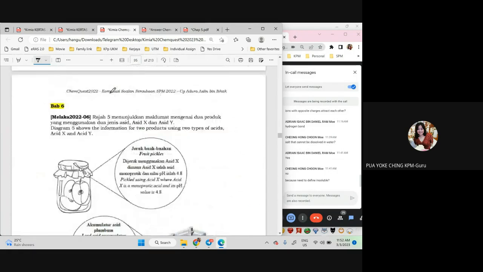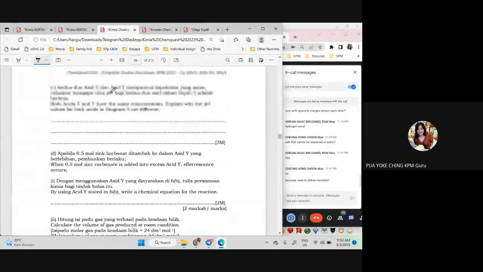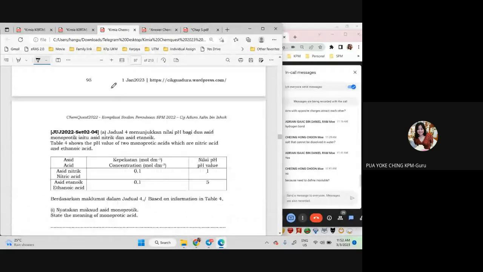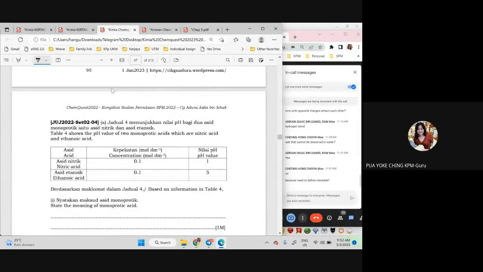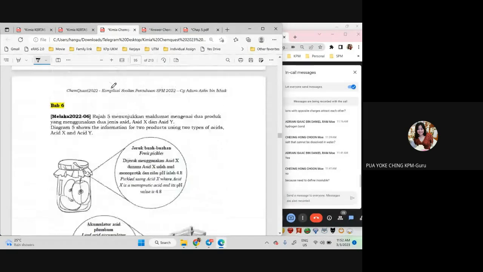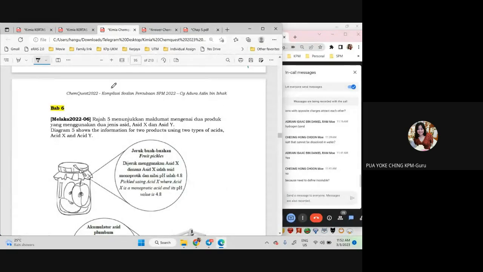Okay. Tengok set. Contoh-contoh soalan acid and base. Untuk acid base, dia actually suka keluar tentang strong acid, weak acid and whatever lah.